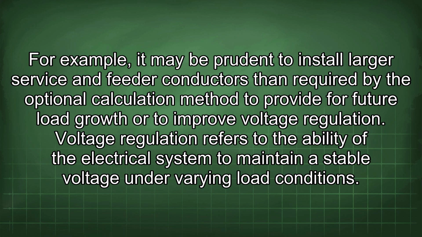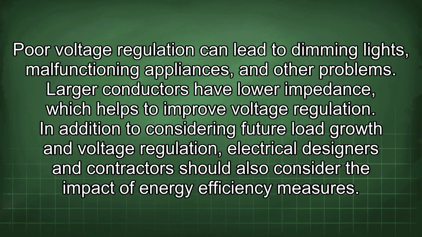Voltage regulation refers to the ability of the electrical system to maintain a stable voltage under varying load conditions. Poor voltage regulation can lead to dimming lights, malfunctioning appliances, and other problems. Larger conductors have lower impedance, which helps to improve voltage regulation.